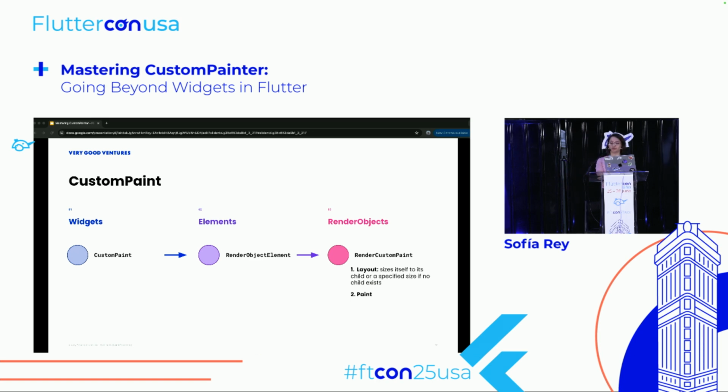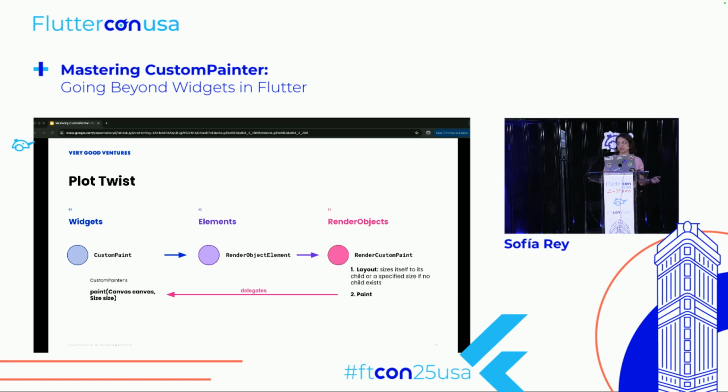But then when it comes to the painting phase, there's gonna be a small plot twist where it is going to delegate the job to the CustomPainter. So the paint method we create as developers, from the widget tree, holds the painting logic. So we're basically plugging our painting logic directly into the render object tree.